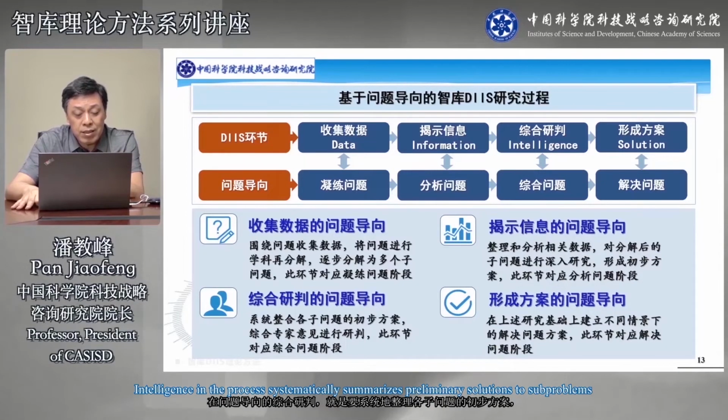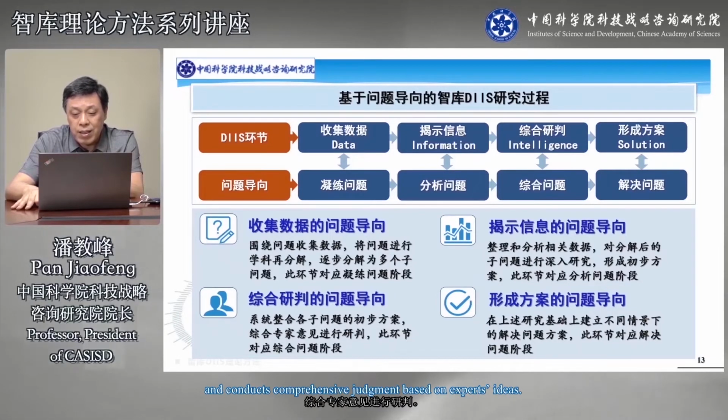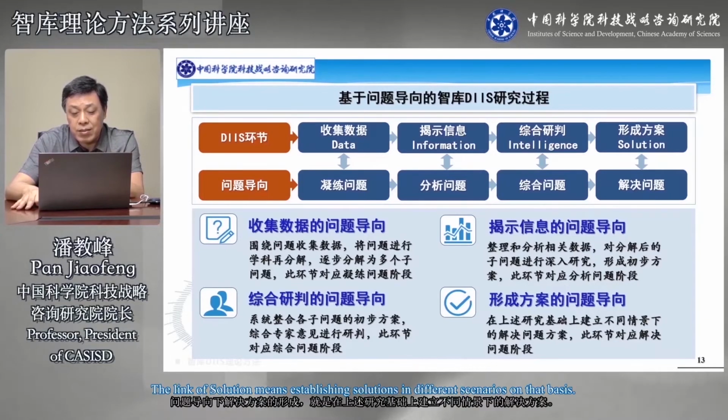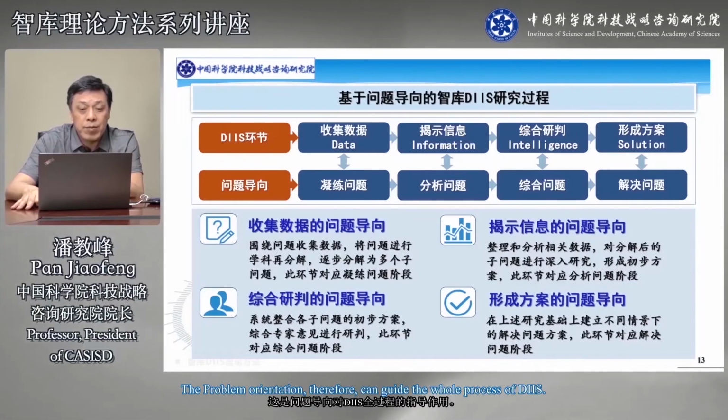Intelligence in the process systematically summarizes preliminary solutions to subproblems and conducts comprehensive judgment based on experts' ideas. The link of solution means establishing solutions in different scenarios on that basis. The problem orientation, therefore, can guide the whole process of DIIS.